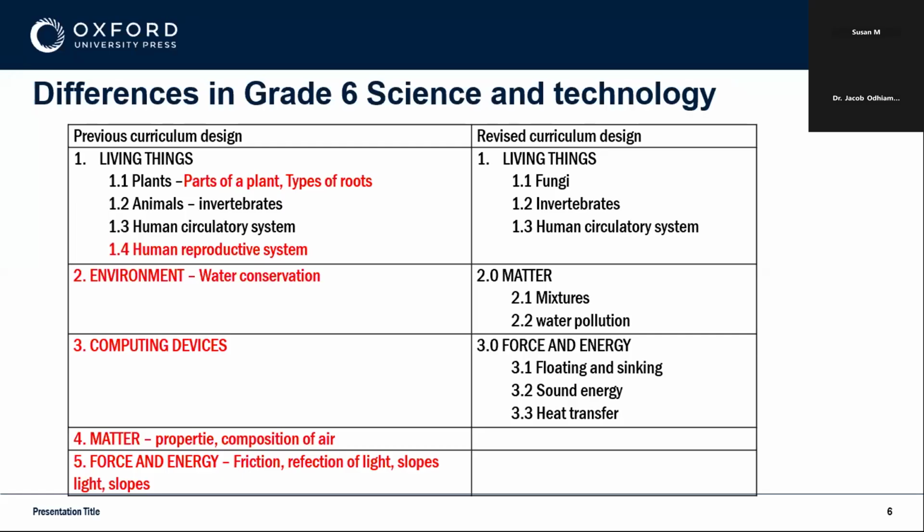And all that you can see in red has been moved to other grades. So now in the revised curriculum, we have 3 strands again: living things, tackling fungi, invertebrates, and human circulatory system; matter, dealing with mixtures and water pollution; then force and energy, dealing with floating and sinking, sound energy, and heat transfer.